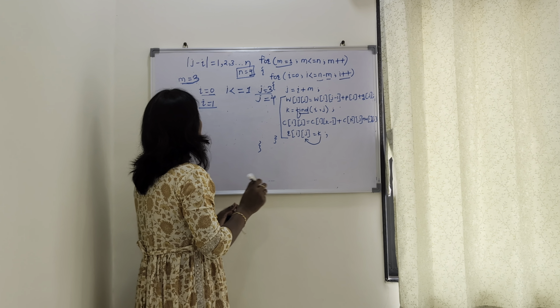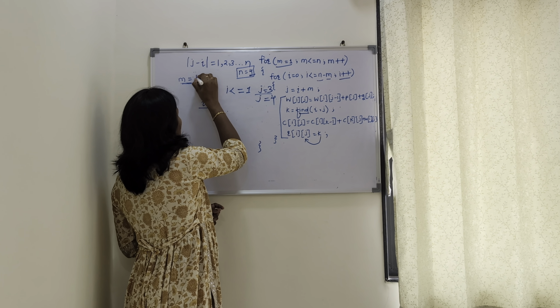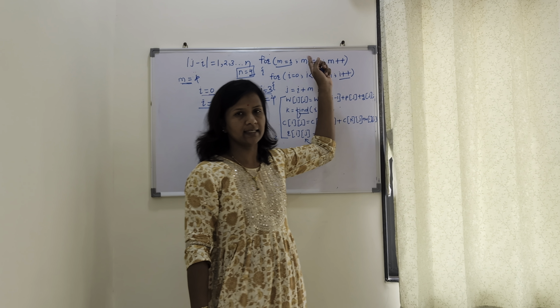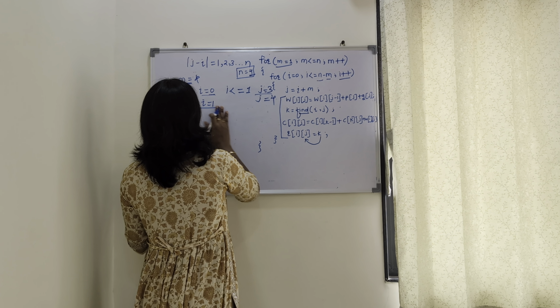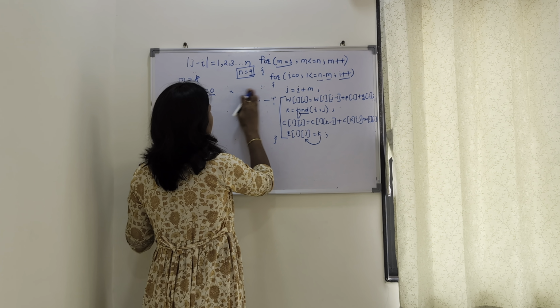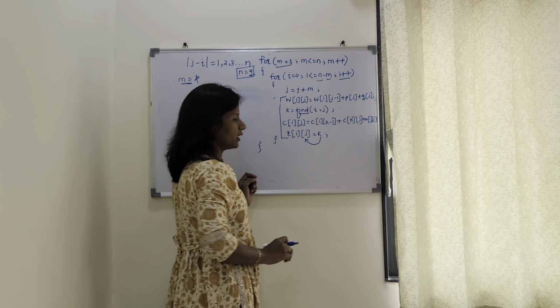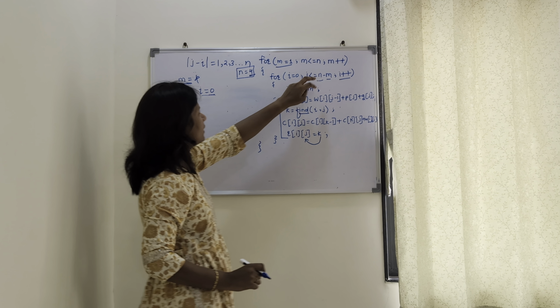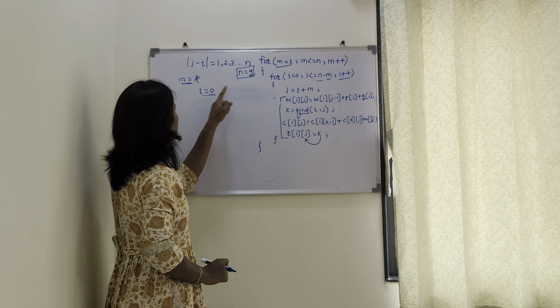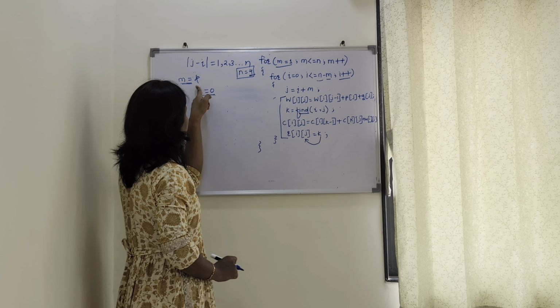Right? Now again m will become 4. m is incremented. 4 less than or equal to 4. Yes. So it will come inside and again the values of i and j will be reset. So i equal to 0 and then 0 less than or equal to n minus m. So what is the n value? 4. And what is the m value?